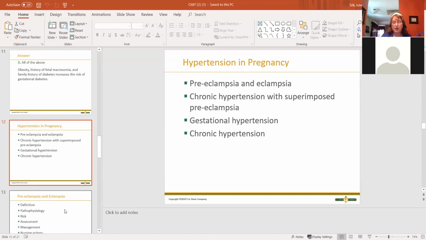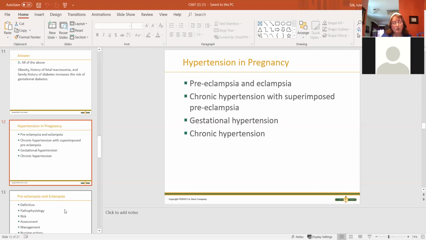So on this slide, it talks about different types of hypertension in pregnancy. We're going to define each one of these so you can get a better picture of what each one means. So preeclampsia and eclampsia. Preeclampsia means that you have a multi-system hypertensive disease that's unique to pregnancy.